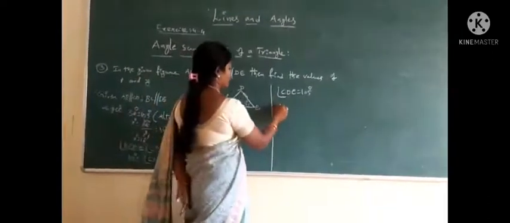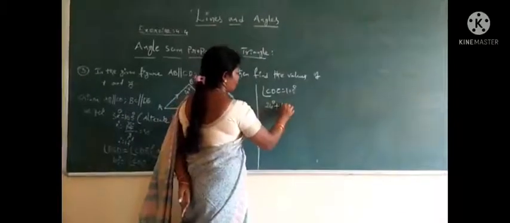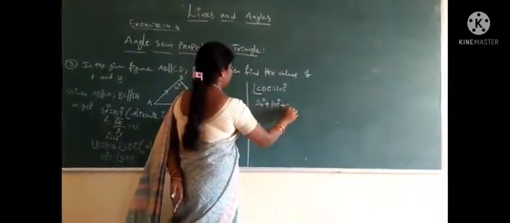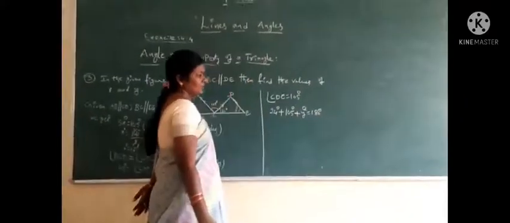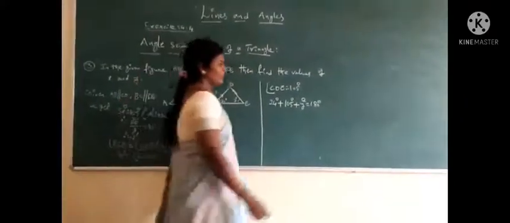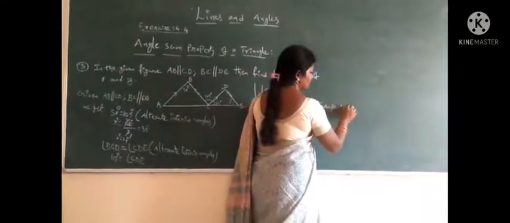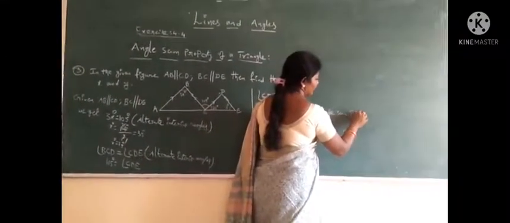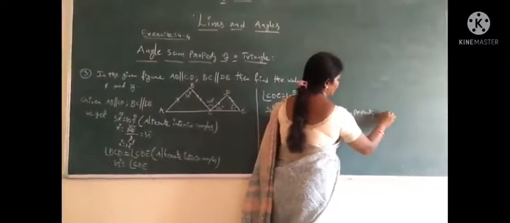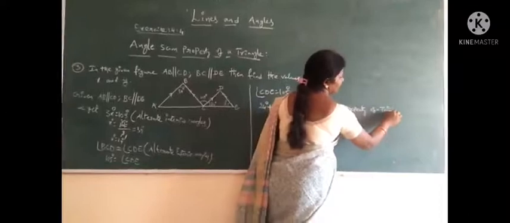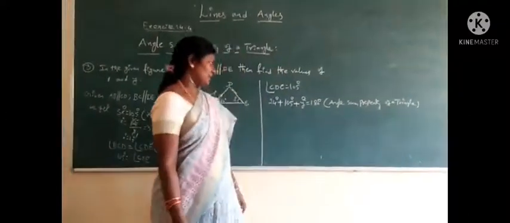So 24 degrees plus 105 degrees plus y degrees is equal to 180 degrees, because of the angle sum property of a triangle.